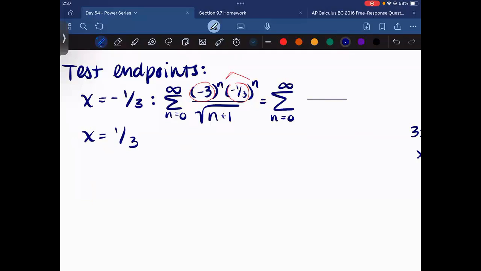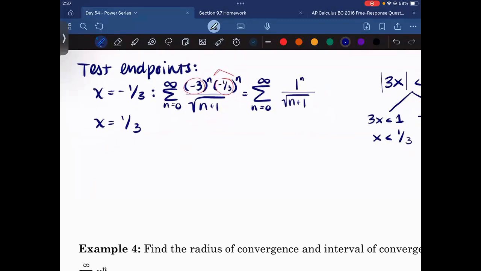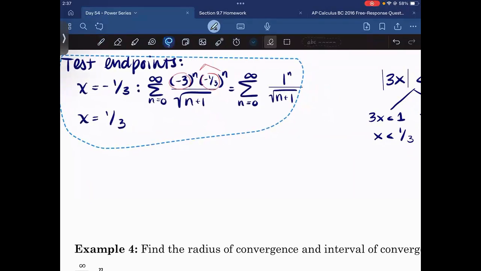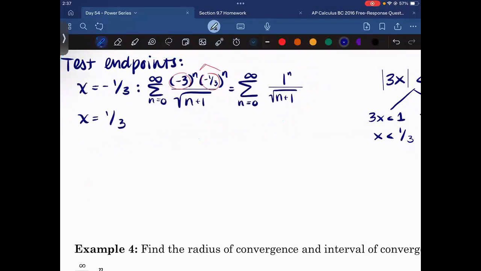So 1 to the n power doesn't really make a difference. I'll keep it up there just for fun. And then we have square root of n plus 1. And we know that if we compare it with the limit comparison test to a p-series, it's going to reduce to 1 over n to the 1/2.